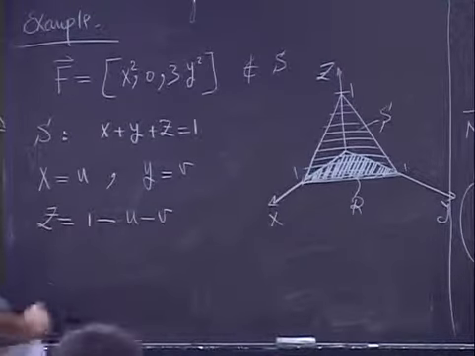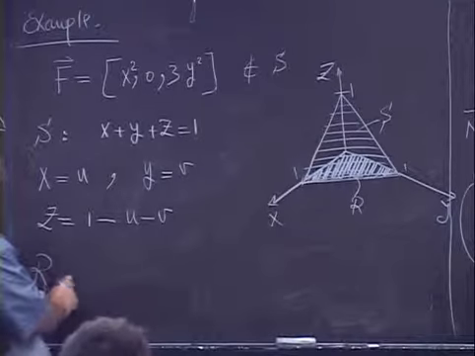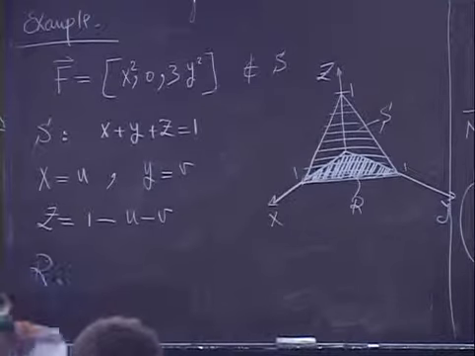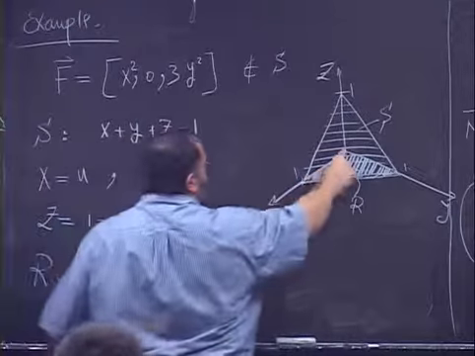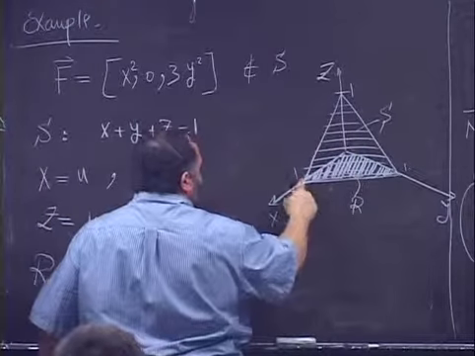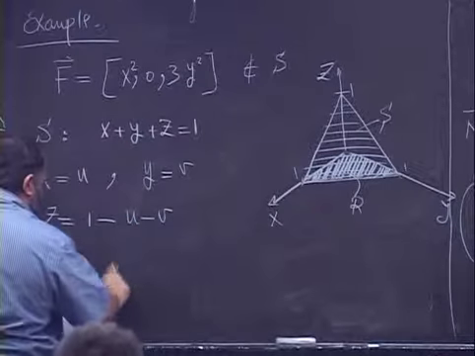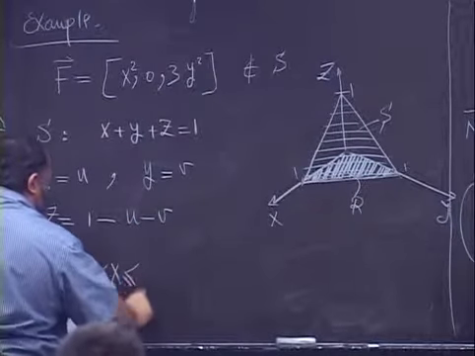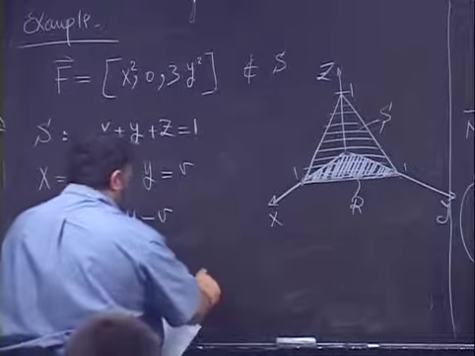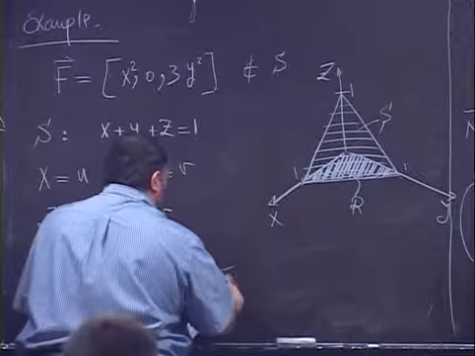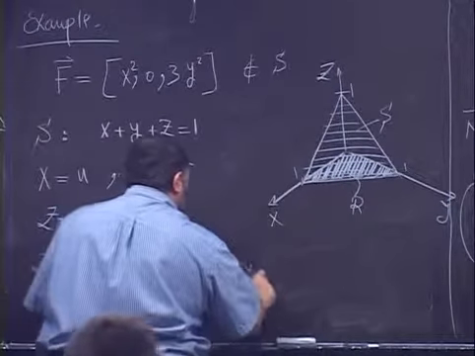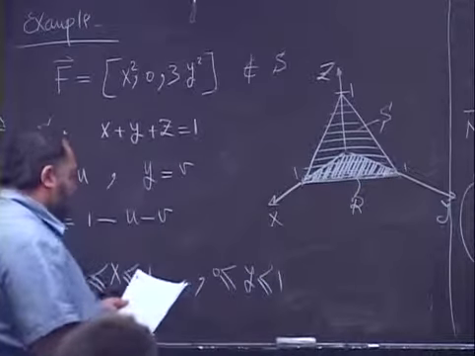Then the region R is defined as x going from 0 to 1, and y from 0 to 1. So x is greater than or equal to 0 and less than 1, and y is greater than 0 and less than 1.